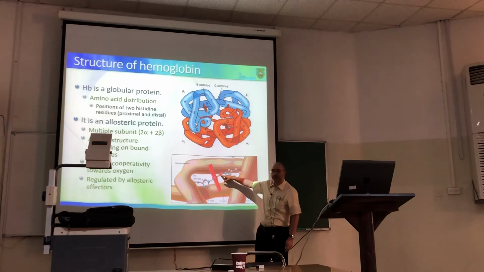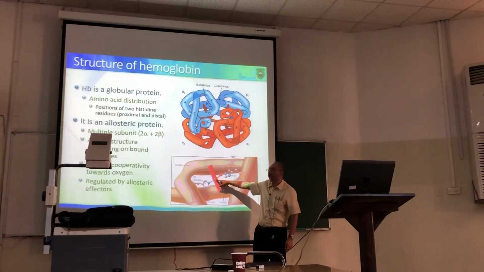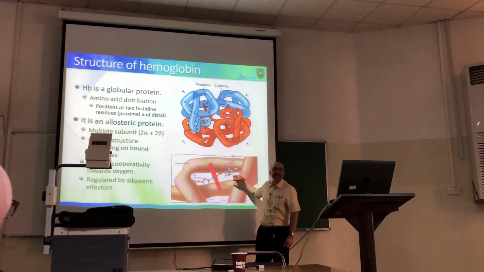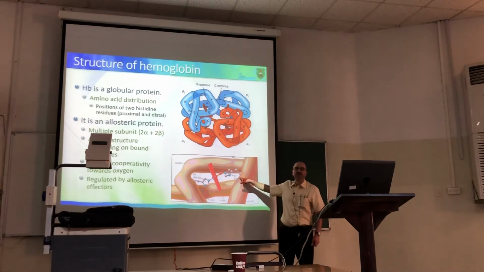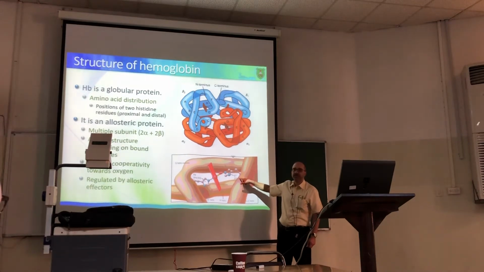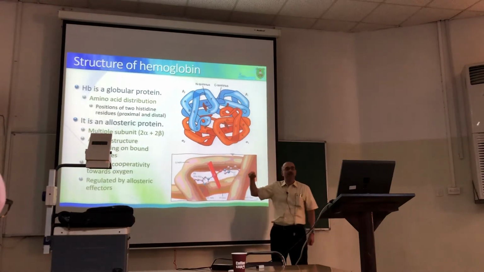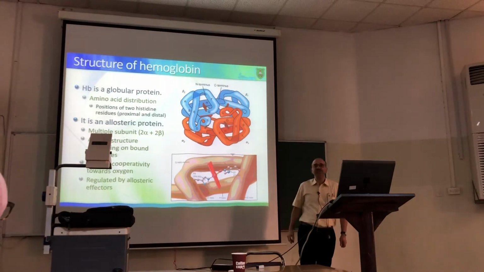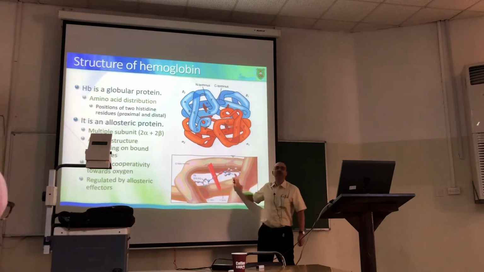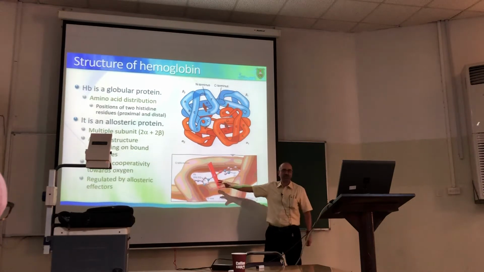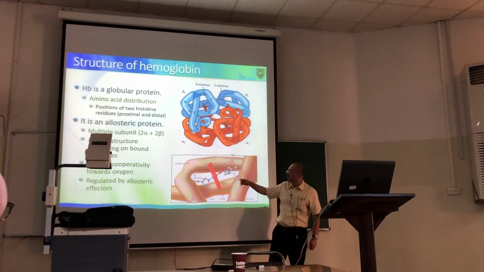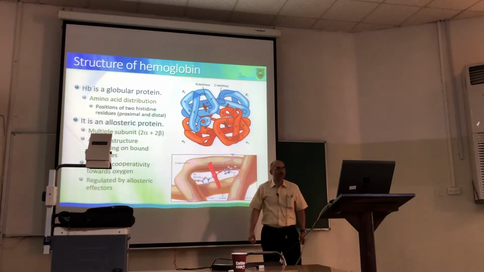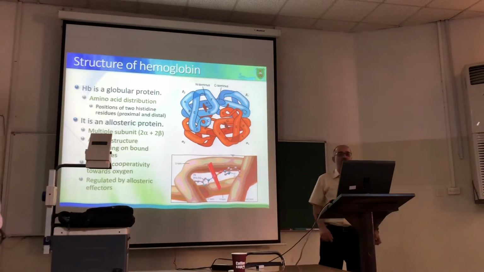When oxygen comes in and interacts with the iron in the 6th coordinate, this interaction is stabilized by the other histidine, which is known as the distal histidine. In the lecture where we discuss hemoglobinopathies, pay attention to mutations that can take place in either the proximal or the distal histidine, because a mutation in these histidines can affect the binding affinity of oxygen to hemoglobin.